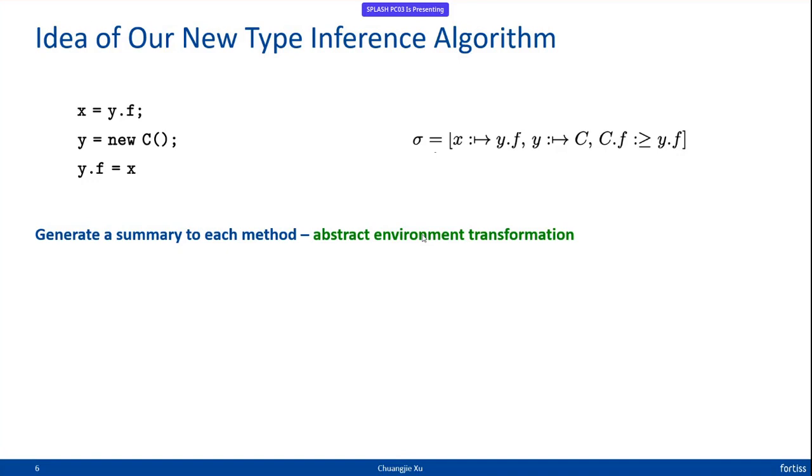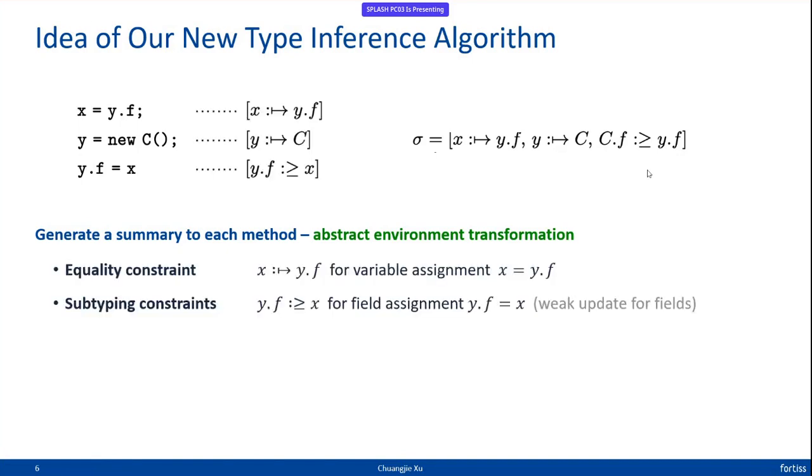For example, here we have a piece of simple code, and this is what the abstract environment transformation looks like. We'll go into detail now. Firstly, if you look at our transformation here, it consists of 2 kinds of things. One is the equality constraint. The second one is the subtyping constraint.